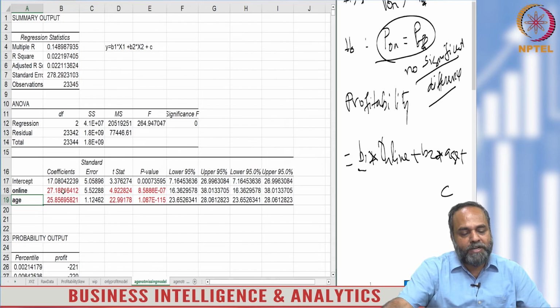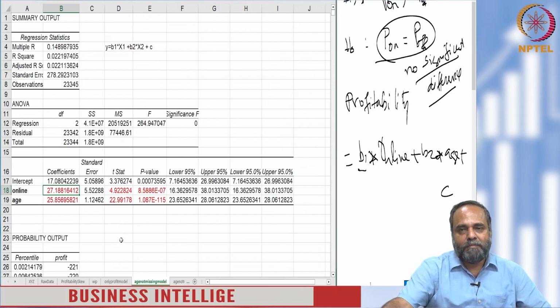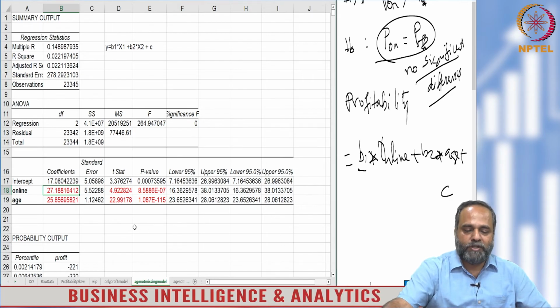Now my B1 is 27.18. So one lesson that we learn here is that when we add more variables to a model, the model parameters of the pre-existing variables also change. The estimation is done together for all the coefficients, so there is an interaction effect here.